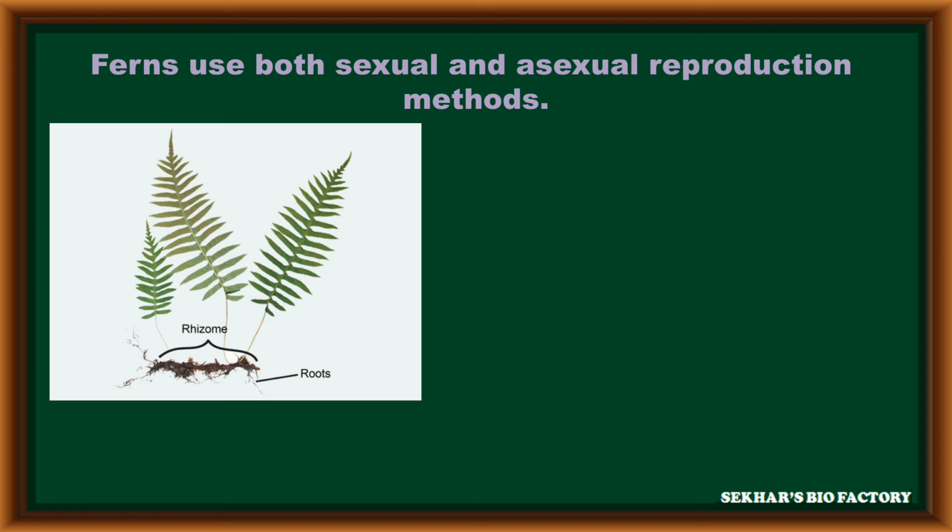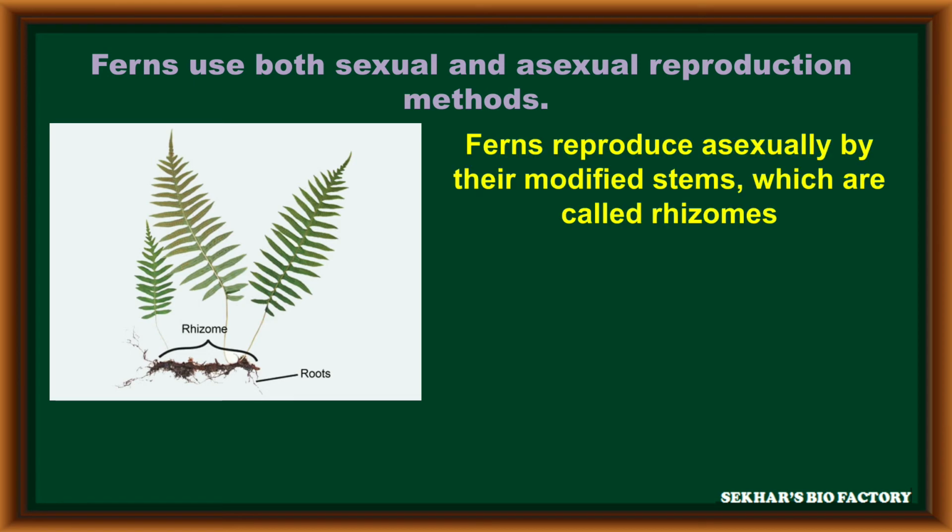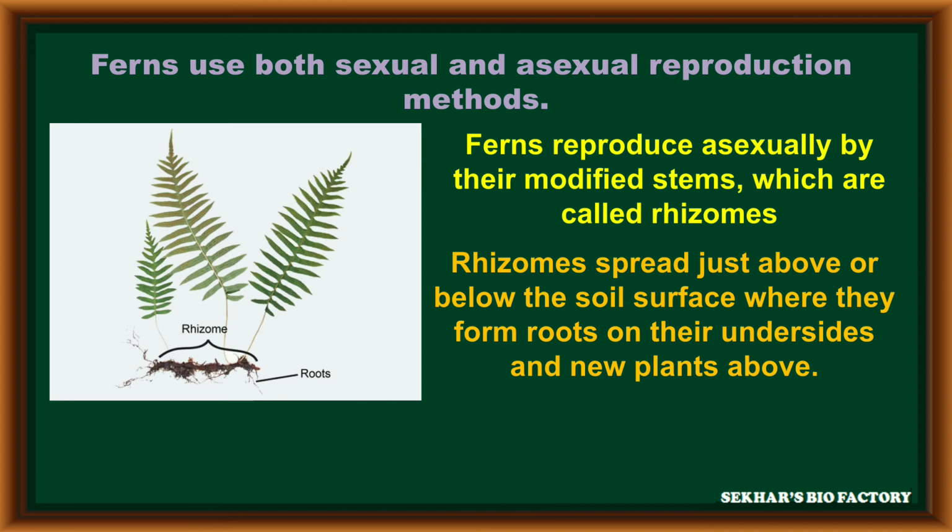Ferns use both sexual and asexual methods for reproduction. Ferns reproduce asexually with the help of a modified stem called a rhizome. The rhizome can spread just above or below the soil surface, where it can form roots, and the undersides can produce new plants at the apical or aerial portion.